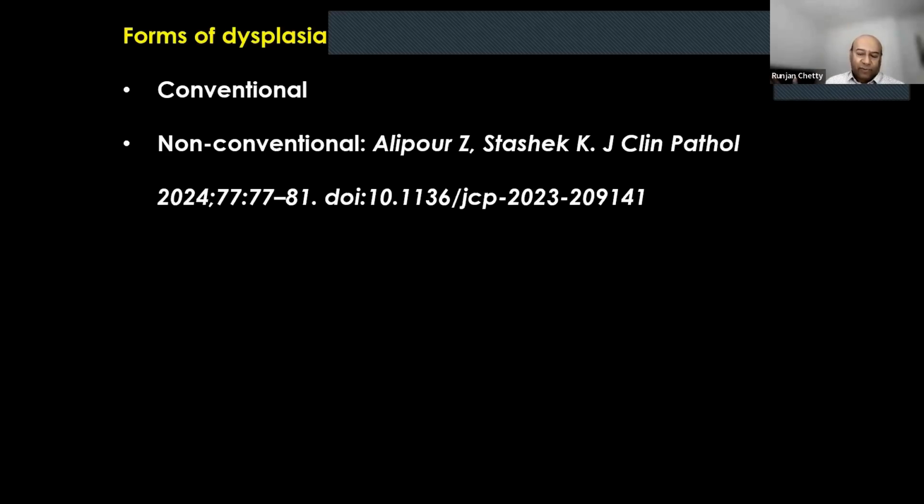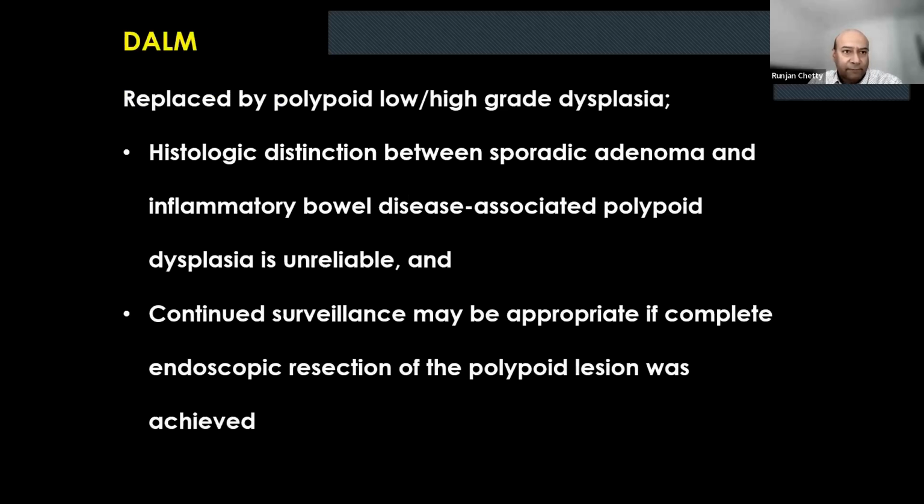Looking back on my own practice, we've kind of ignored it because we've only been looking for conventional dysplasia. But the non-conventional forms are really important and are present not infrequently, not as commonly as the conventional, but certainly something you will encounter if you get a large number of IBD cases.